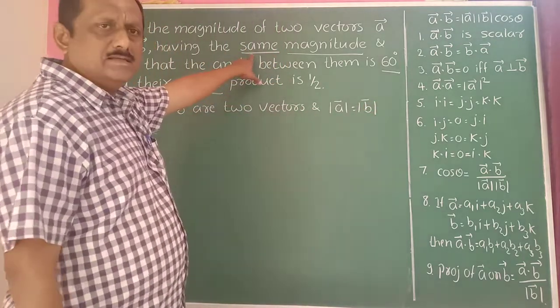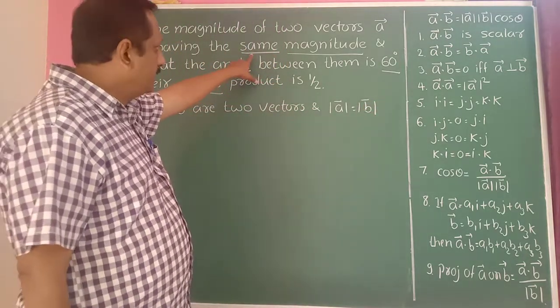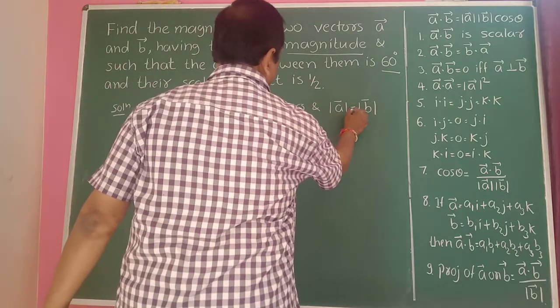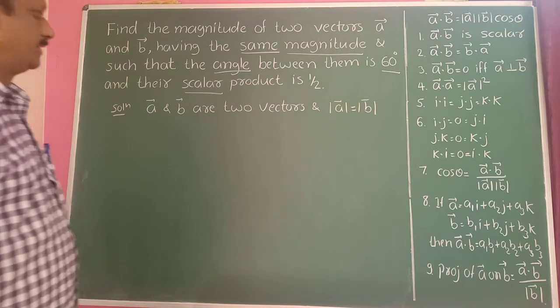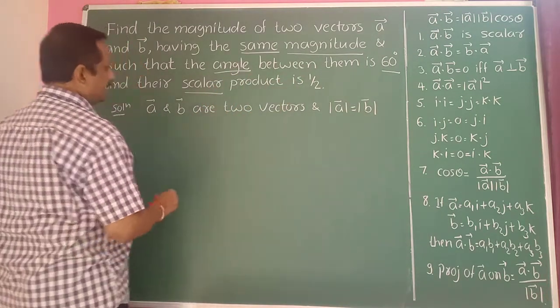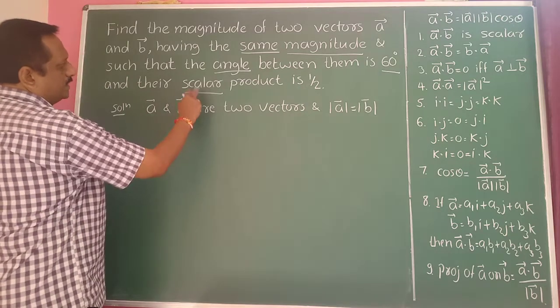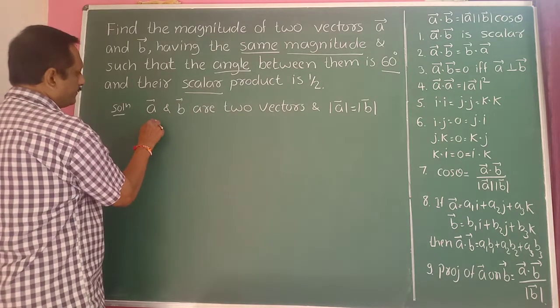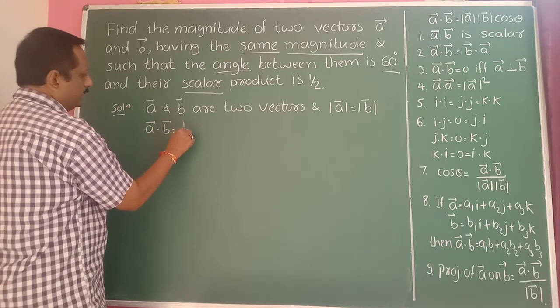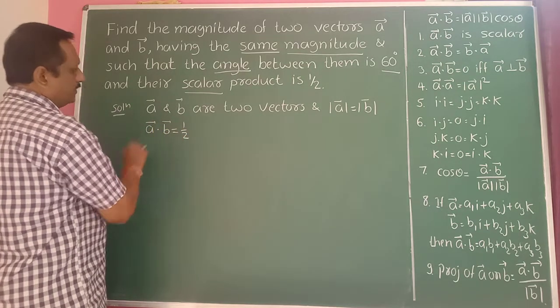They have the same magnitude, which means their lengths are equal. Modulus of A bar is equal to modulus of B bar. And the angle between them is 60 degrees. And the scalar product means A bar dot B bar. A bar dot B bar is equal to 1 divided by 2 here.